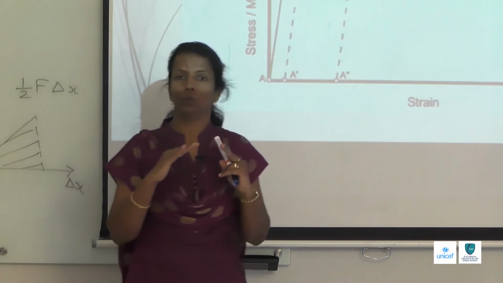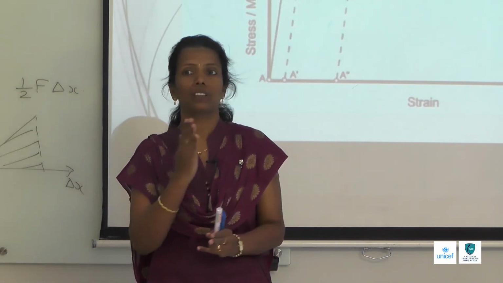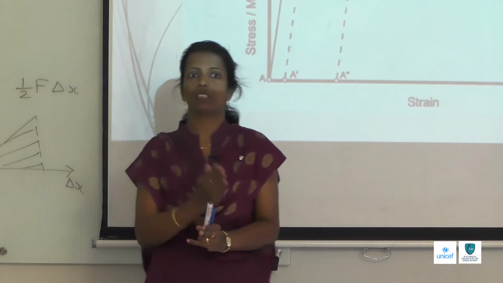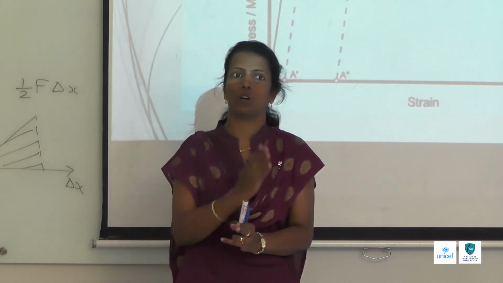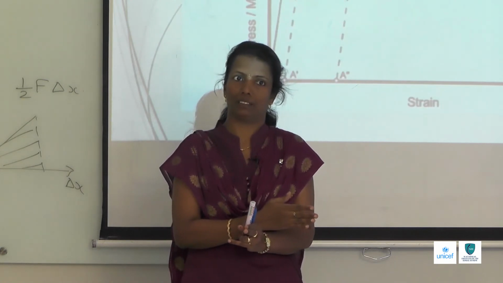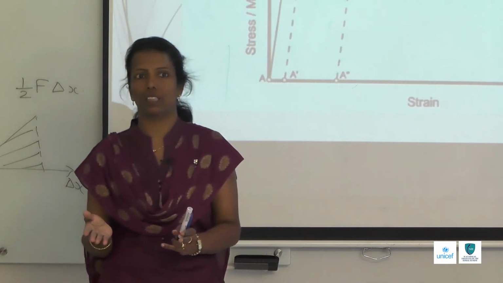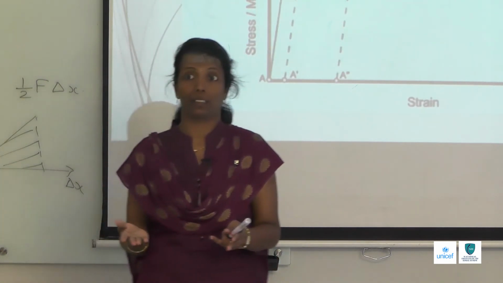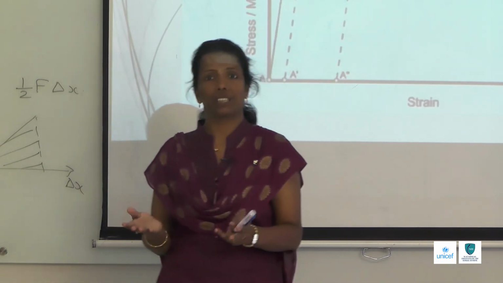So, in order to compare the materials, we need to go with Young modulus, not the stiffness constant, because the stiffness constant is a property of the component. It varies with the dimensions, whereas the Young modulus is a constant property of the material. It does not vary with the dimension.